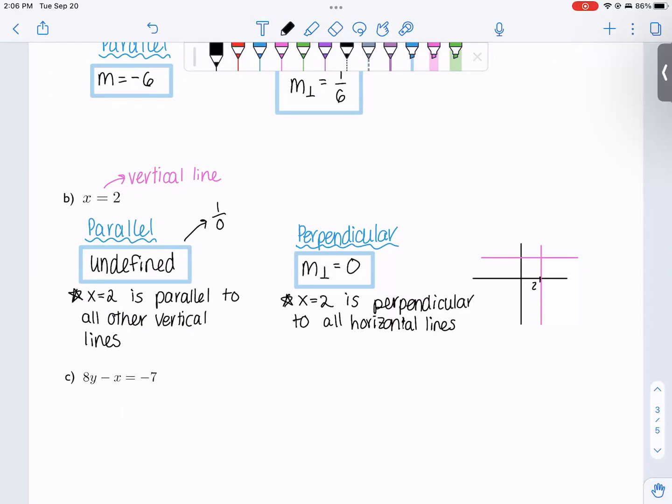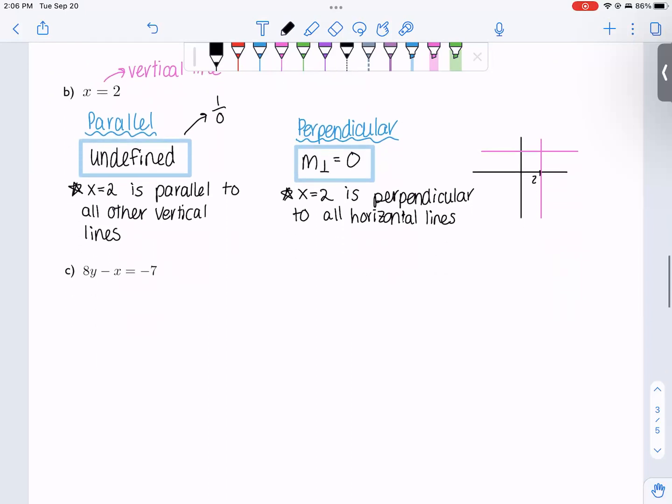All right. Next example, 8y minus x is equal to -7. We need to rewrite this in y equals mx plus b form to find the slope. So we have 8y minus x is equal to negative 7.